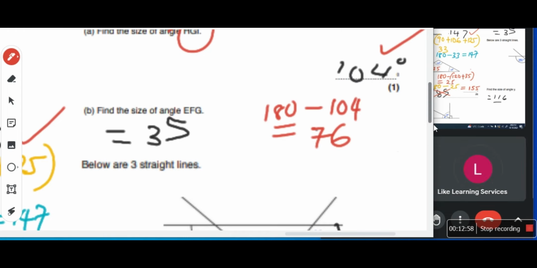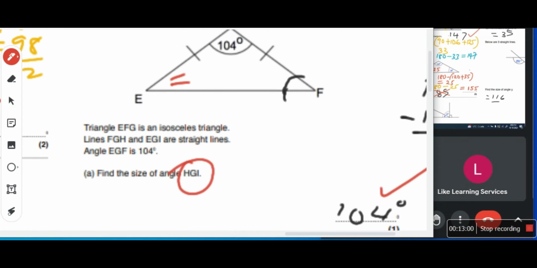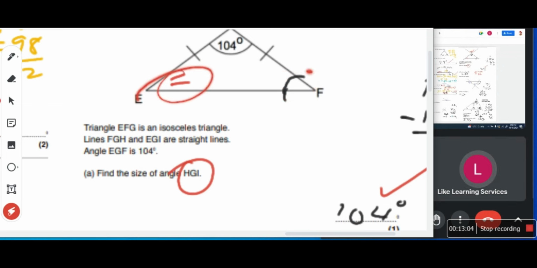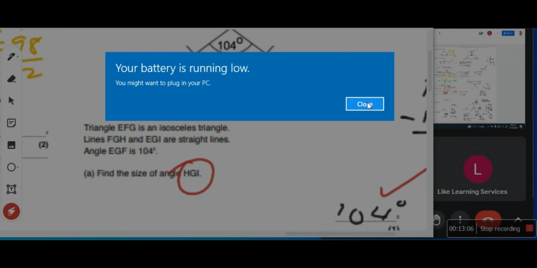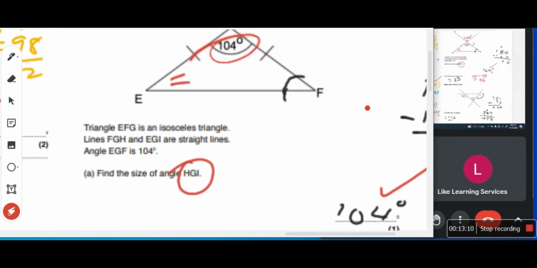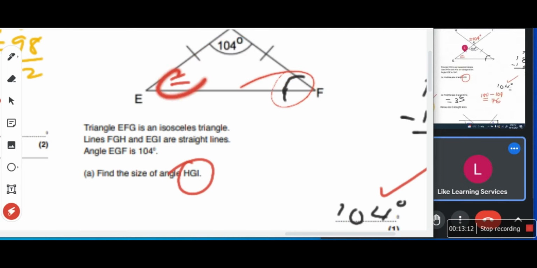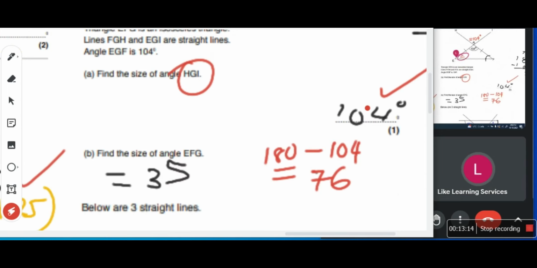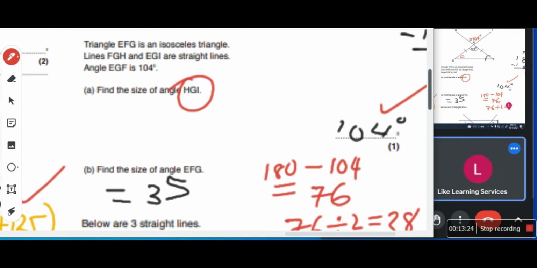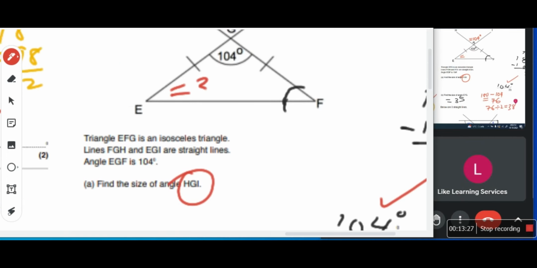You should see these two together will give you 76, because this plus this will be 76. So to get that one, you just do 76 divided by 2. That should be 38. Am I right? It should actually be 38.